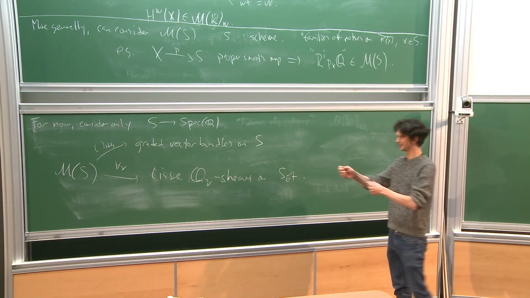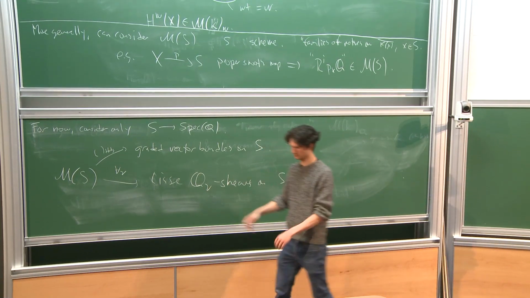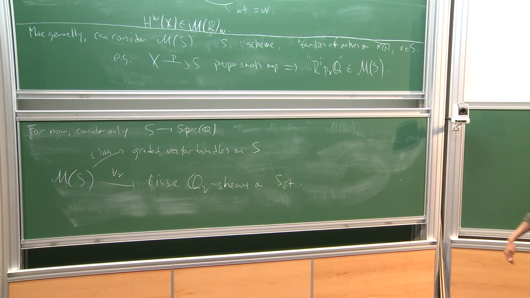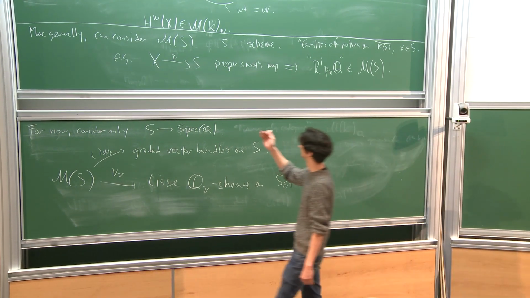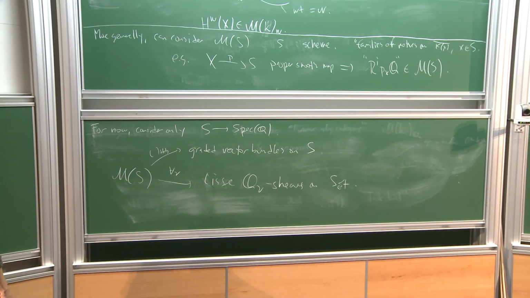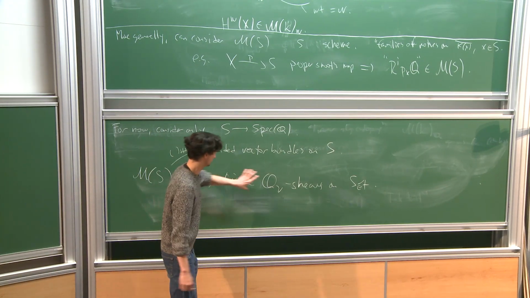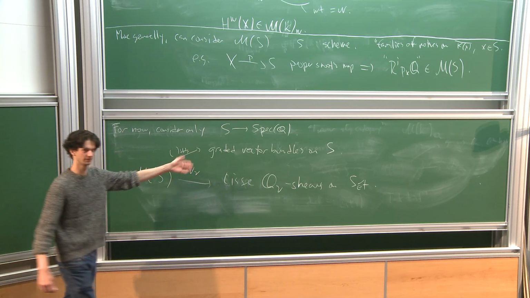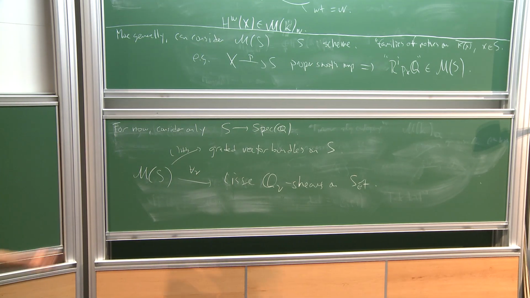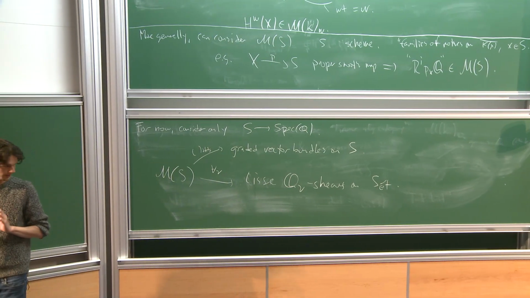You could ask, maybe you only want a lattice, a Z_ν structure to exist locally. This distinction is not relevant for the talk, for two reasons. One is if you start with one of these guys, you're always going to have a lattice. But also all of the constructions that I discussed for lisse Q_ν sheaves work just fine even if you don't have a global lattice. If it only exists étale locally, all the constructions will be étale local. So the distinction is not important for the talk.